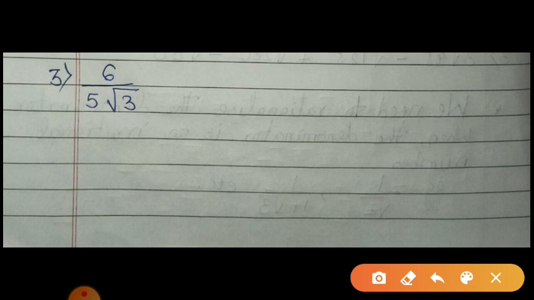Now again, next is 6 divided by 5 root 3. Check. Always what we have to check is the denominator. Check what it is. Is it a monomial or a binomial? It is a monomial. Yes, I don't have any plus sign between them. It is multiplication, 5 into root 3 it is.